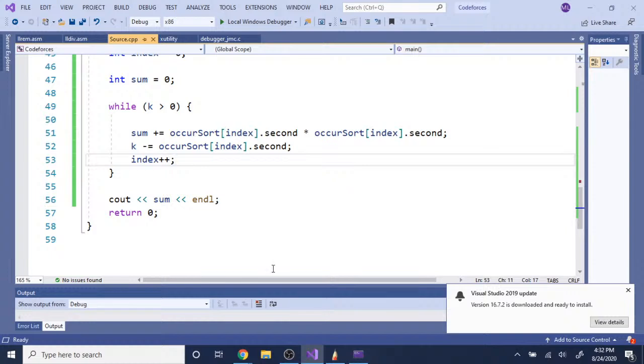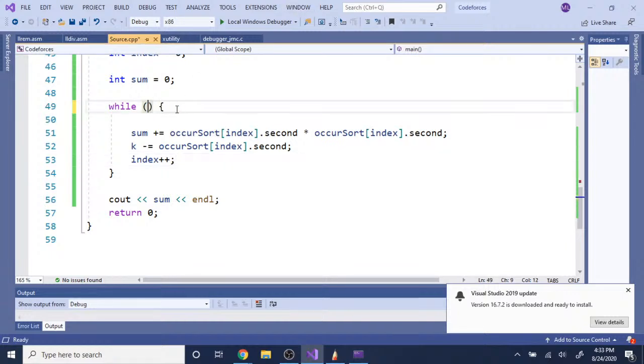So we can't do it this way. Ah, I got it. If k is less than occur sort at index.second and break. So we don't want this.